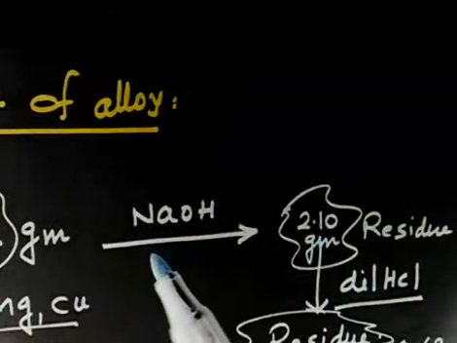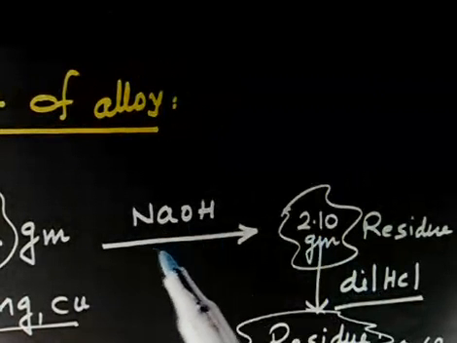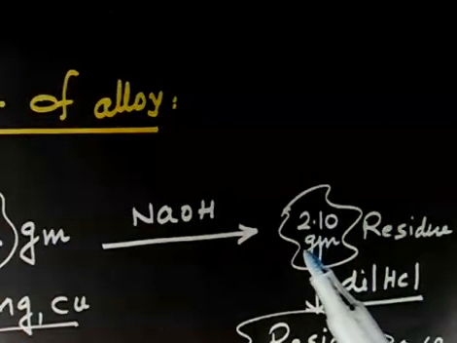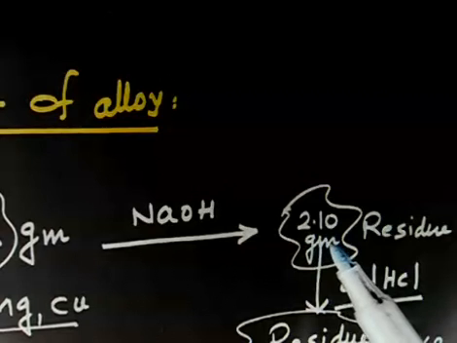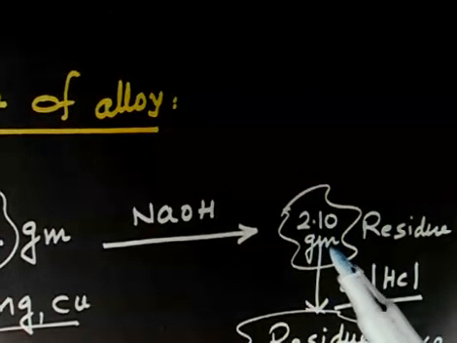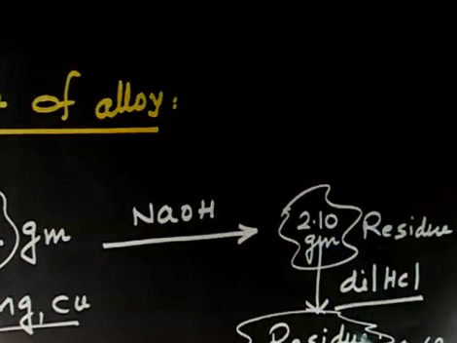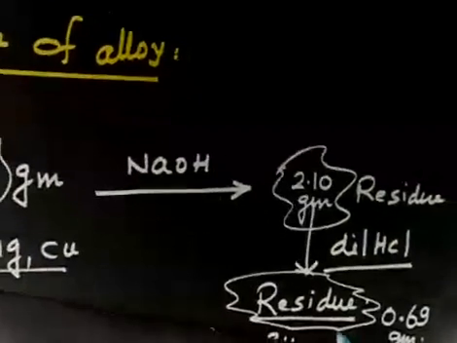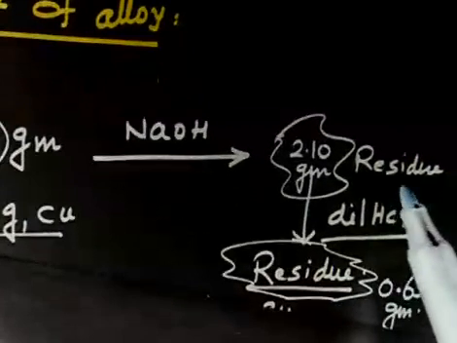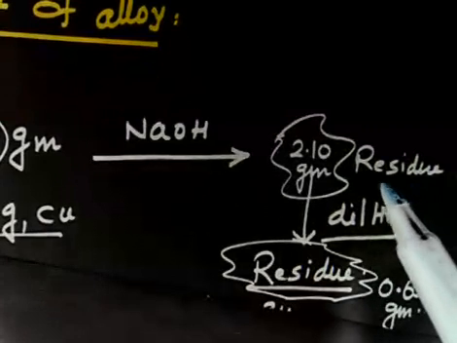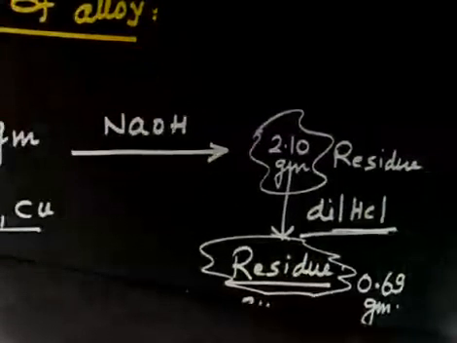Some part has already dissolved into NaOH. The left part is a solid; if I dry it and take the weight, it comes out to be 2.10 gram. Now the same residue is further treated with dilute HCl.